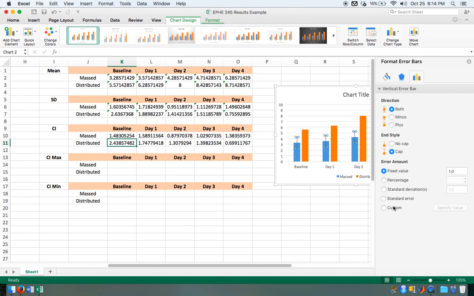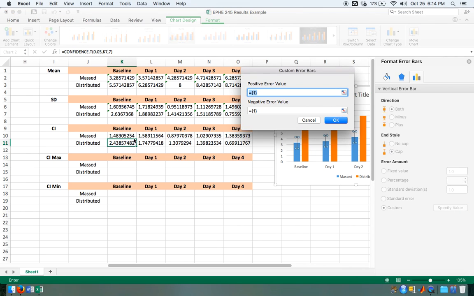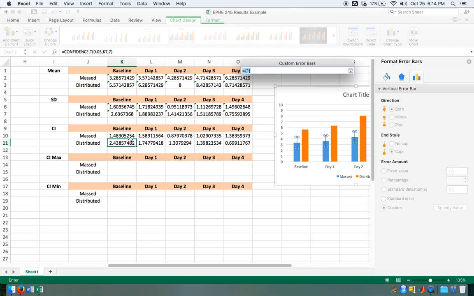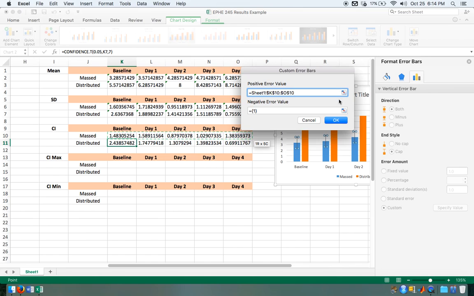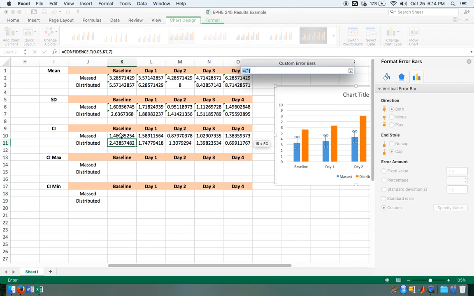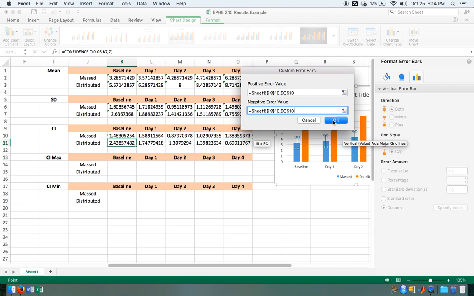We're going to actually put our own custom values in there, and I'm going to specify those values based on this row here. So you see positive and negative error value. We're going to actually use the same numbers for both. So I'm going to click this button. Then, because we're looking at blue, which is the mass, we're going to highlight this top row. Okay, and then the negative one, I'm going to do the exact same thing. I'm going to hit OK.